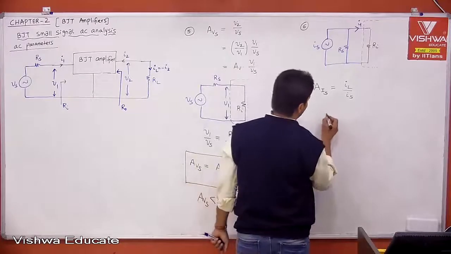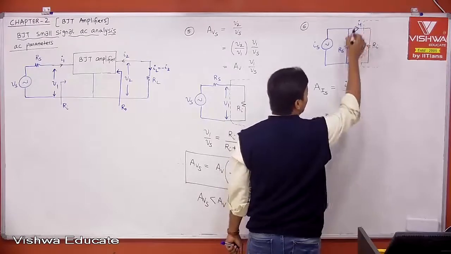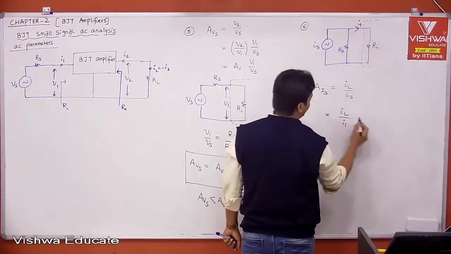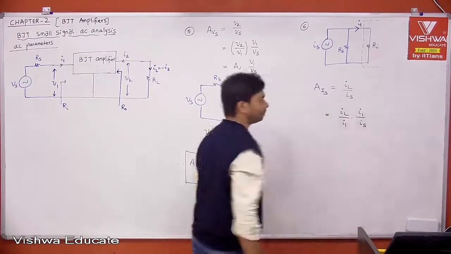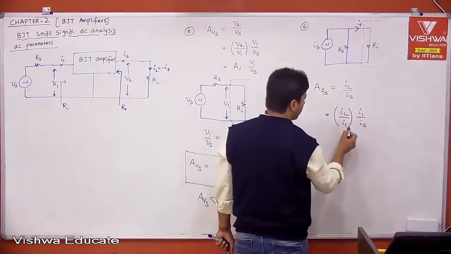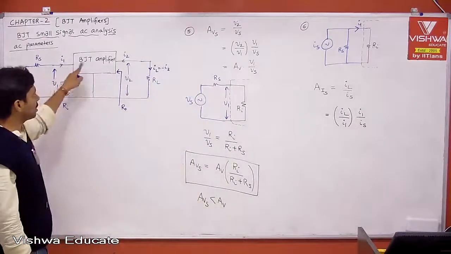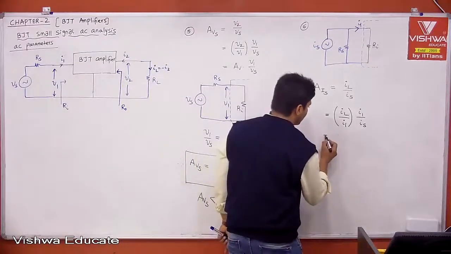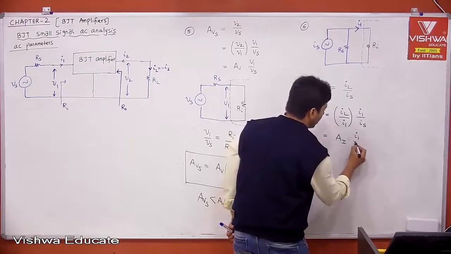Then can I write it like this again? IL, we are getting load current because of I1, right? Then I1 is because of IS. Therefore, IL divided by I1 into I1 divided by IS. We already calculated the load current because of the input current entering your amplifier, that is your core amplifier gain, which is AI, into I1 divided by IS.